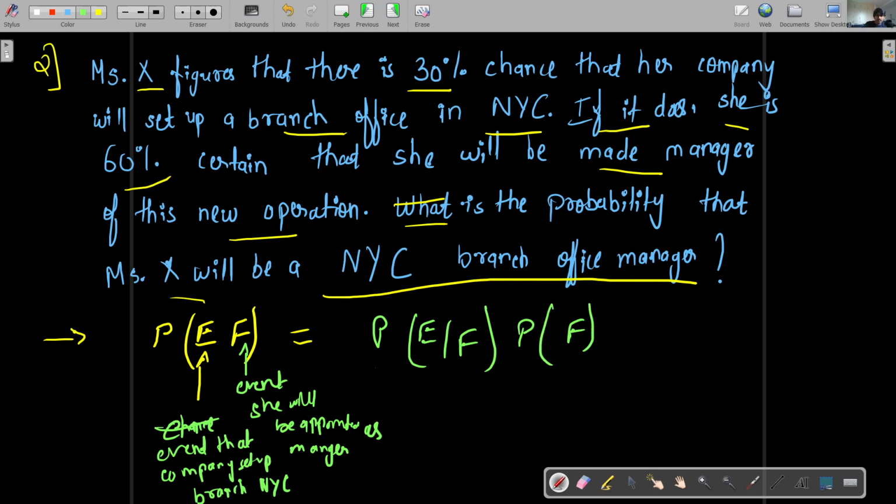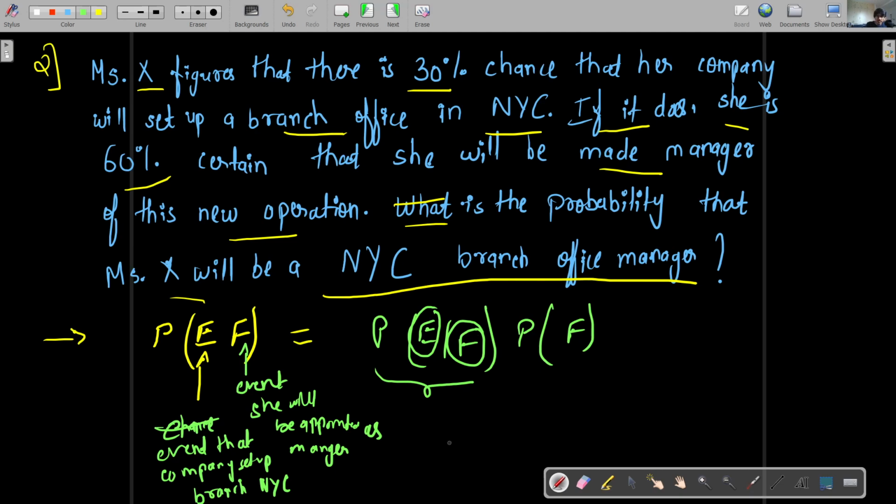Now what is this event, P of E intersection F? It will be the probability that the company will set up a branch in New York given that she will be appointed as a manager.